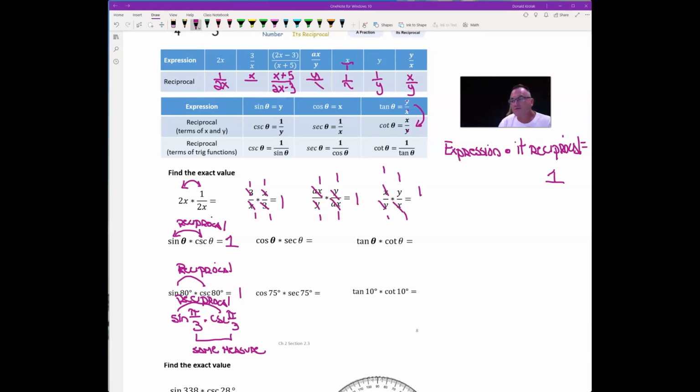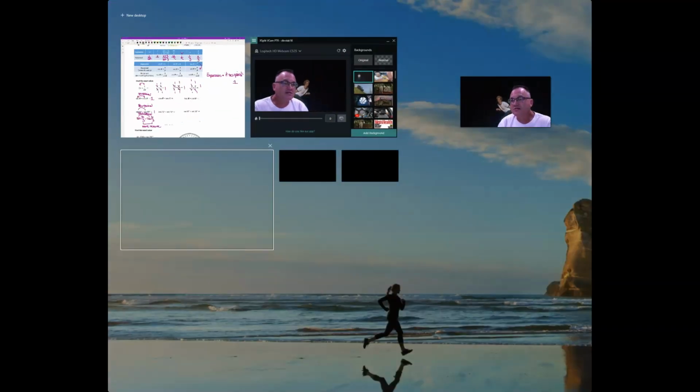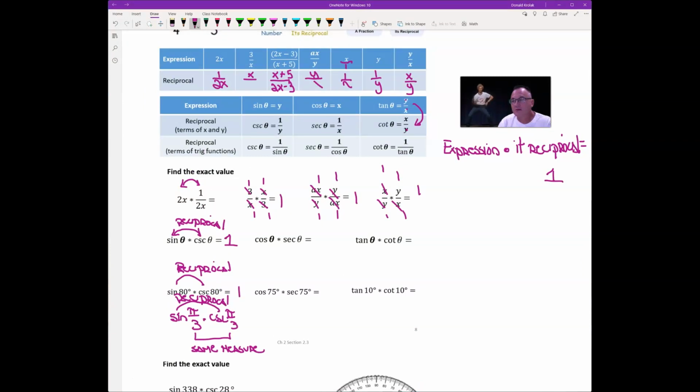So what we're looking for here is 1. Those are reciprocals, and these are the same angle, so my answer is going to be 1.